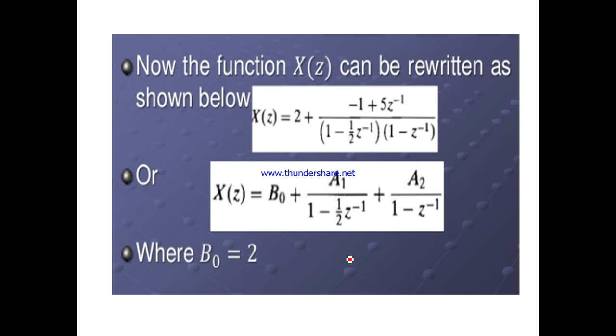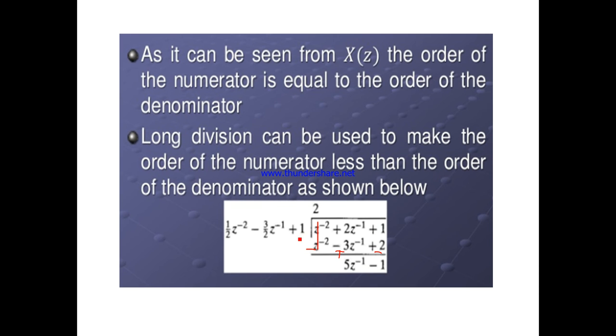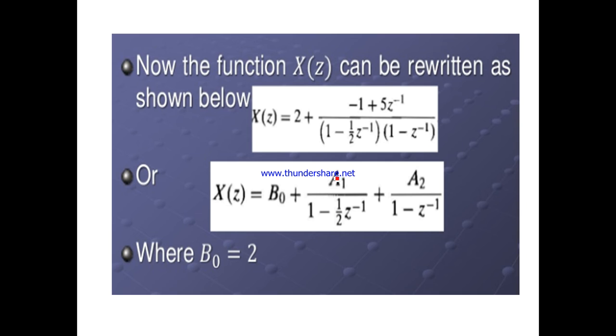So we will write X of z equal to 2 plus minus 1 plus 5 z power minus 1 divided by 1 minus 1 by 2 into z power minus 1, 1 minus z power minus 1. So this term we can write like this: 1 minus 1 by 2 z power minus 1 into 1 minus z power minus 1.